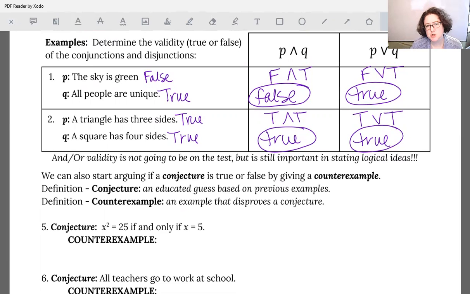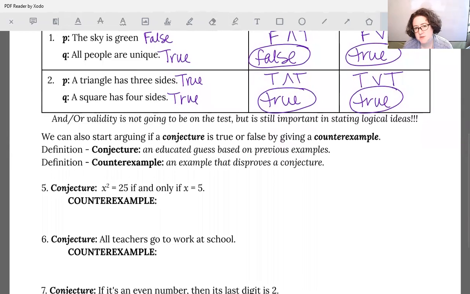And so 2 definitions: a conjecture is basically an educated guess based on previous examples, or an idea that you're putting out there. It's kind of like an untested hypothesis in your science class. You start all experiments with a hypothesis, and your experiment is all about proving that hypothesis true or false. And that's kind of like what we're doing here.